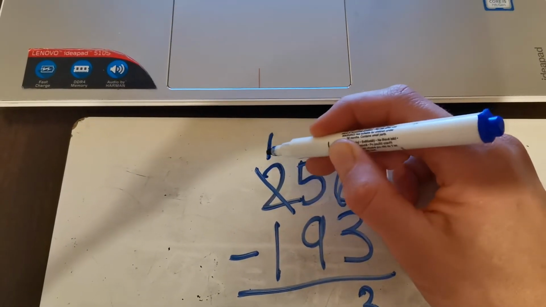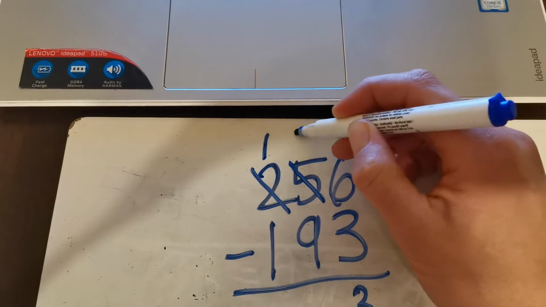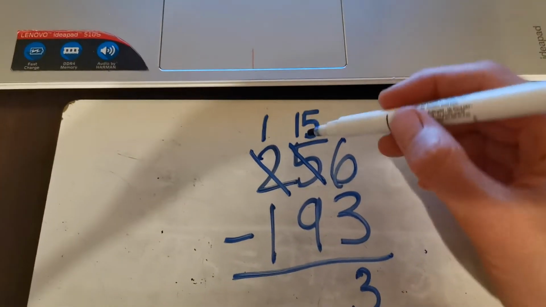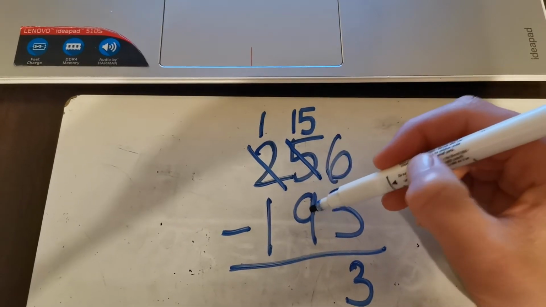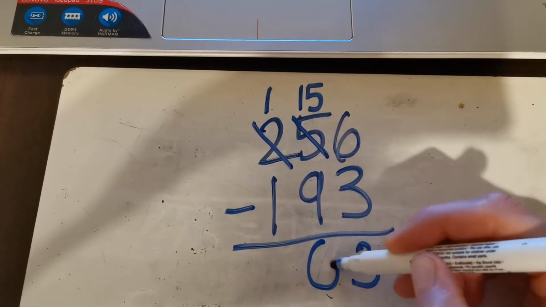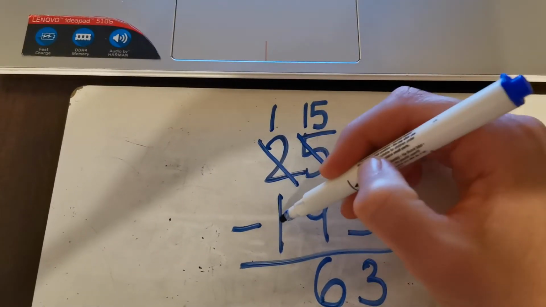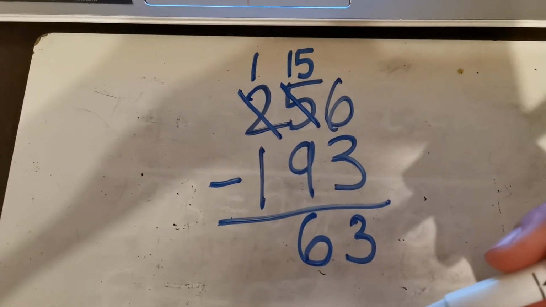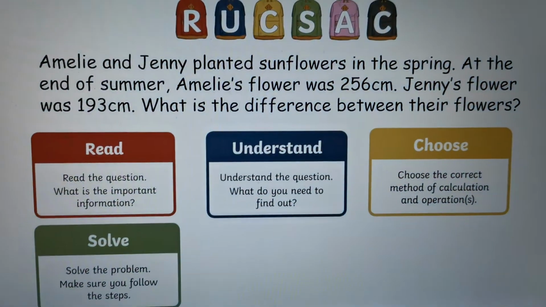Make it a 1 because we're going to borrow. This becomes a 15. All right. 15 take away 9. 6. 1 take away 1. Nothing. Okay. Now we've solved it. Good.